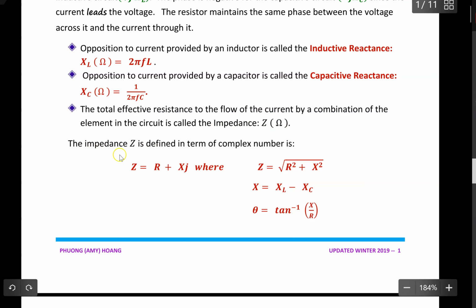So the impedance Z is defined in terms of complex number, or the resultant vectors, as I mentioned earlier, as Z equal to the real part plus X times J. So remember, we define that X, or the reactance, is equal to the inductive reactance subtract the capacitive reactance.